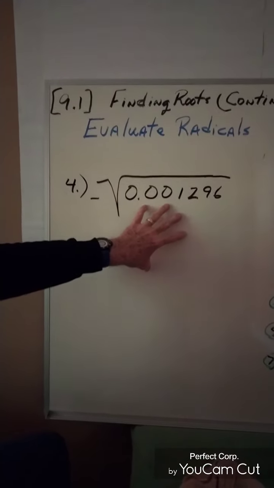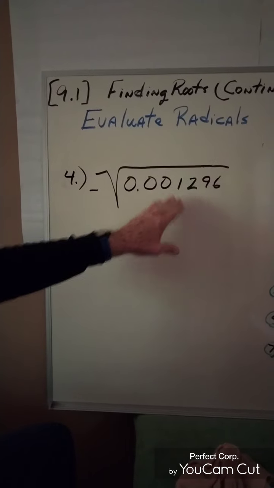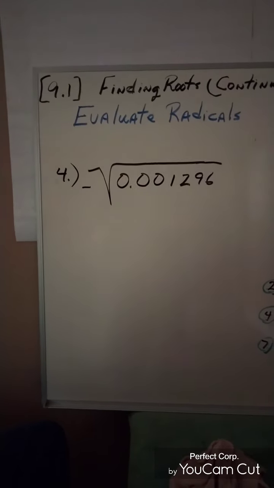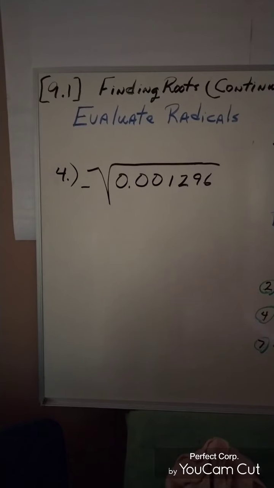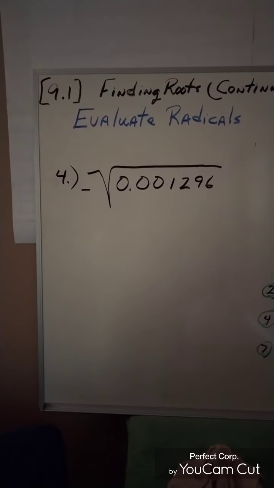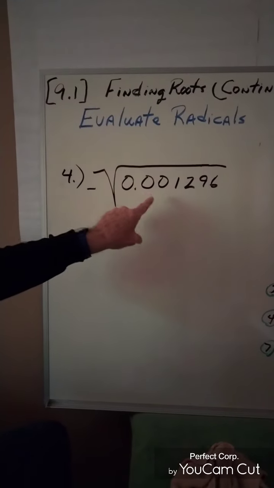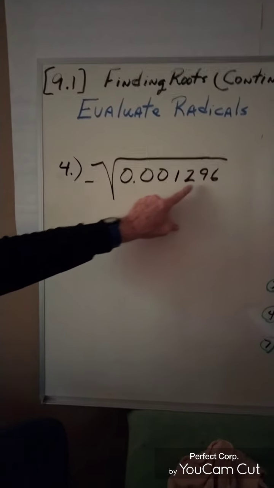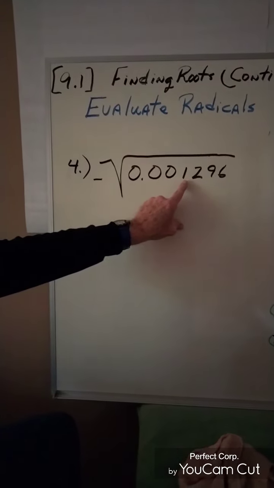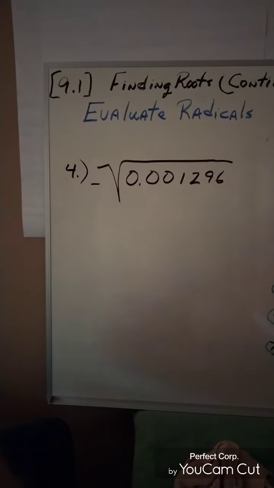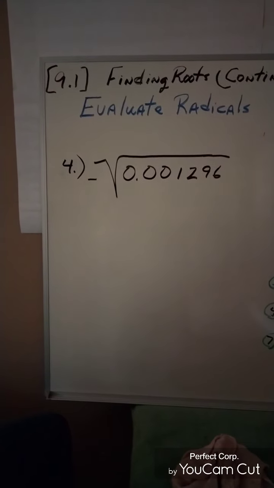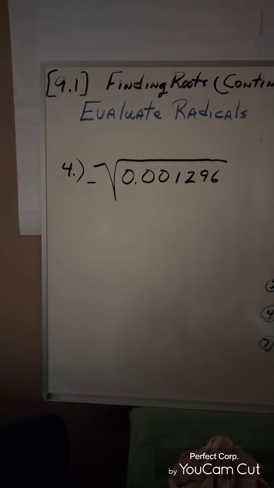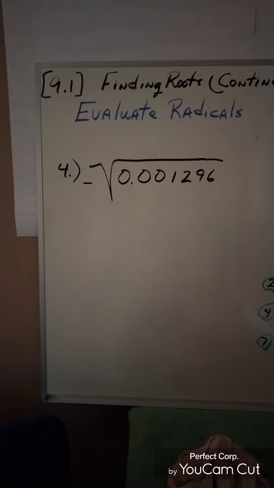Obviously, we look at the radical. The radicand is non-negative. It happens to be a decimal fraction. It's a decimal. And we're going to make an assumption that the non-zero portion of this radicand, the 1296, represents a perfect square, and it does.